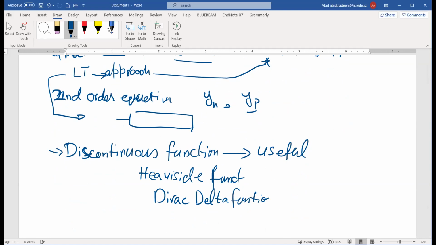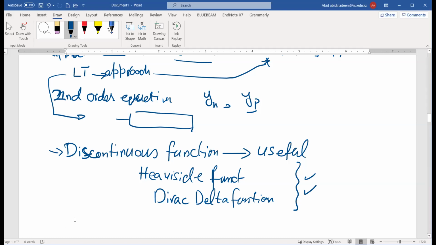The normal methods for discontinuous functions do not work very well, but this method, using the Heaviside function, which we will describe later on, and the Dirac delta function, which we will also describe later on, works very well.